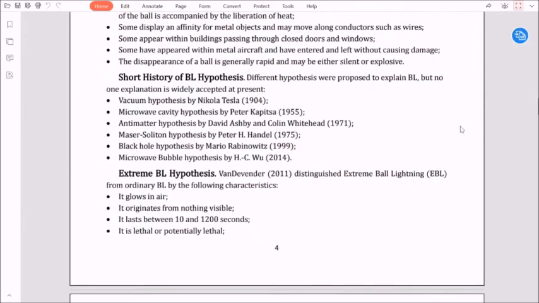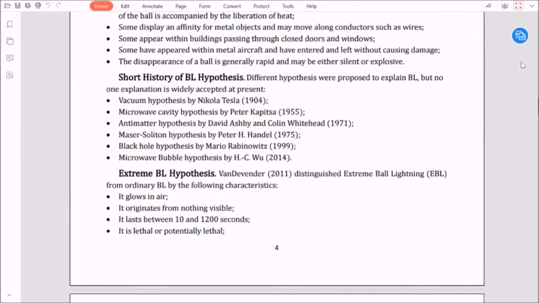Extreme ball lightning hypothesis. Van de Vender in 2011 distinguished extreme ball lightning from ordinary ball lightning by the following characteristics. It glows in air. It originates from nothing visible. It lasts between 10 and 1200 seconds.